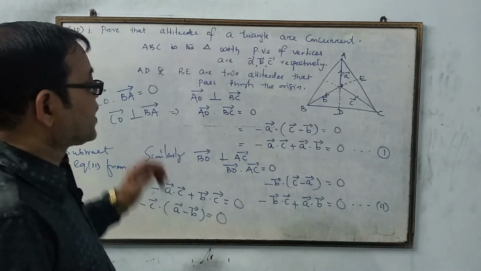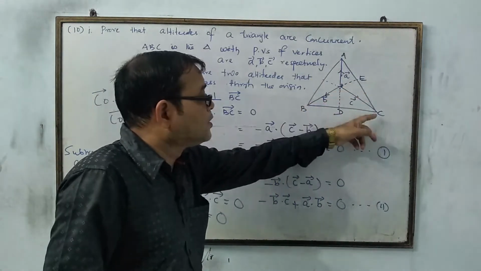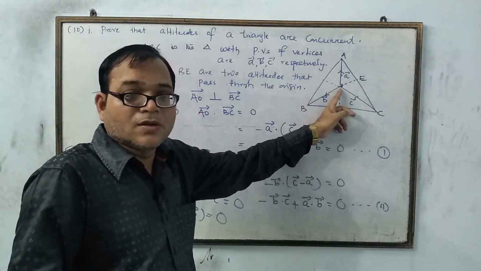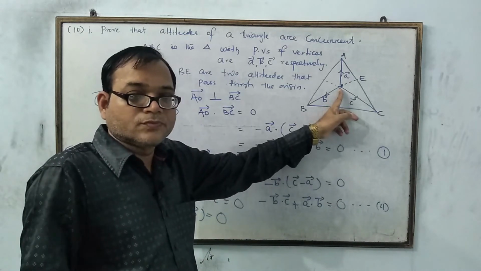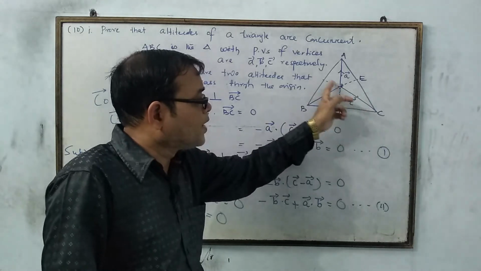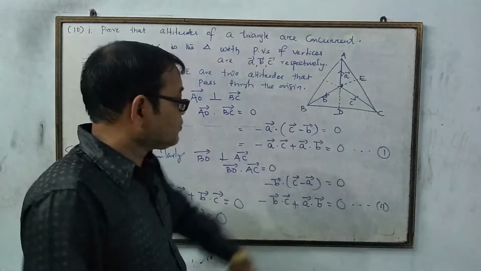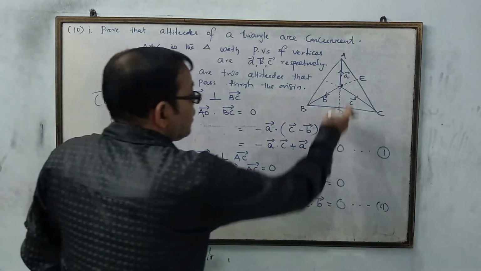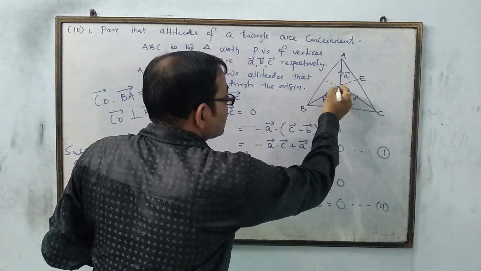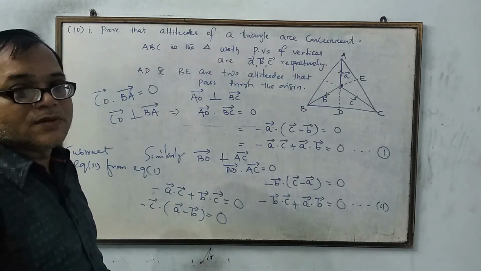When would this condition arise? If all these altitudes pass through the single point O. When the altitudes pass through this common point, you can say that altitudes of the triangle are concurrent.